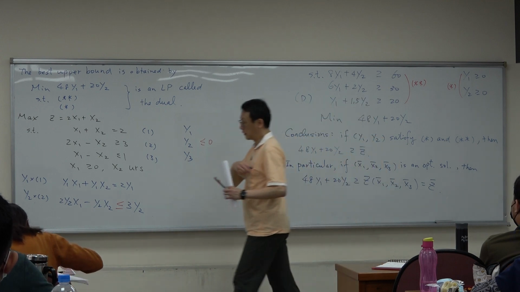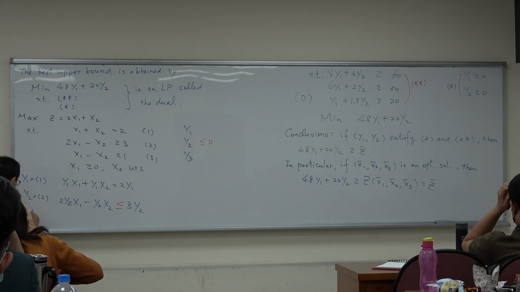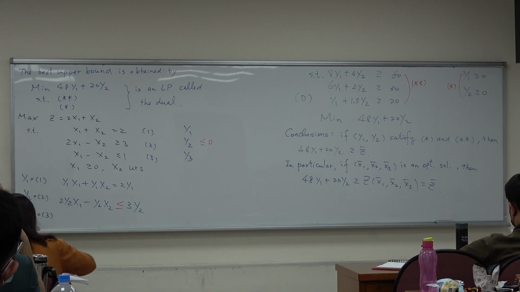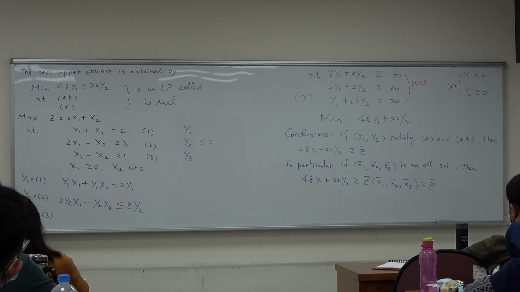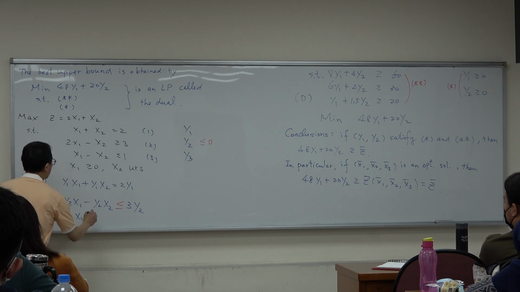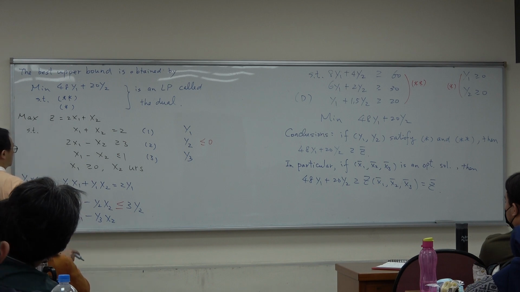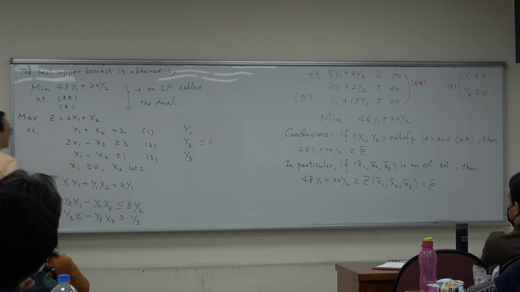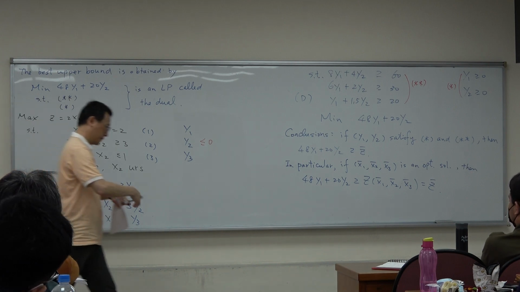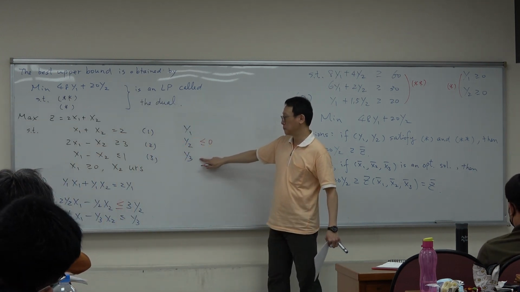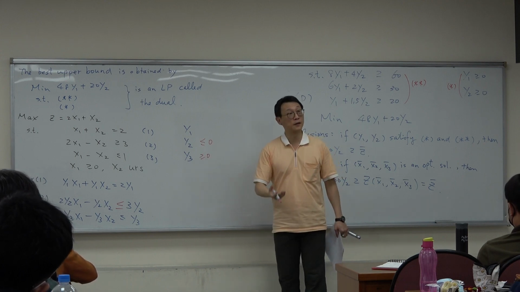Okay. And for the third constraint, y3 x1 and y3 x2, and how about here, y3 is greater than or equal to 0 like the previous one.